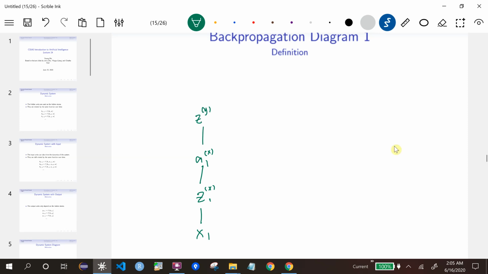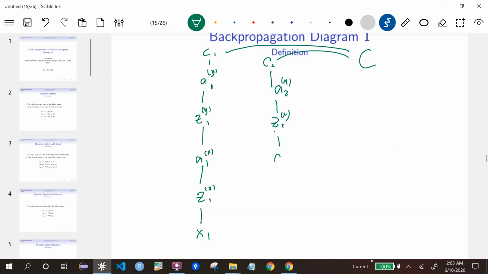Let's use superscript y to mean the output linear part, and output activation 1, and then we have our c1, cost number 1, and then c1 is connected to c. C is also connected to C2, and C2 is connected to A2Y, Z2Y, A2X, Z2X.